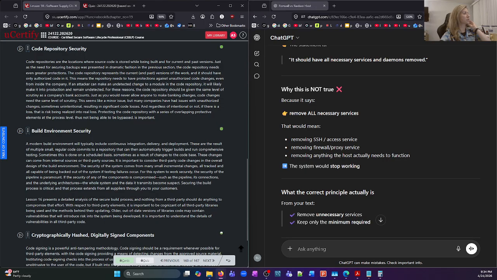The code repository represents the current and past versions of the work. This means the repository needs to have protection. If an attacker can make an undetected change to a module in the code repository, it will likely make it into production. Repositories should be given the same level of scrutiny as a company's bank account.